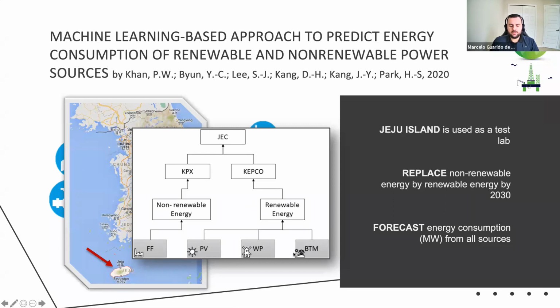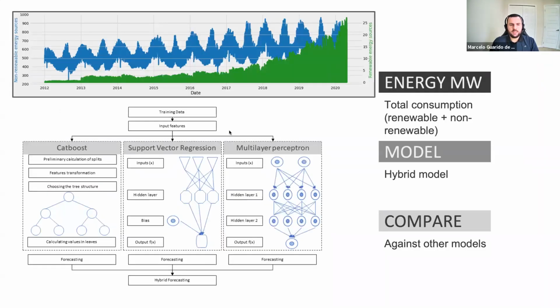BTM stands for behind the meter. Those are solar energy that doesn't have a contract. Basically they are just solar cells installed in some houses that can feed into the circuit. That's how they measure, and they're going to be doing their forecasting.